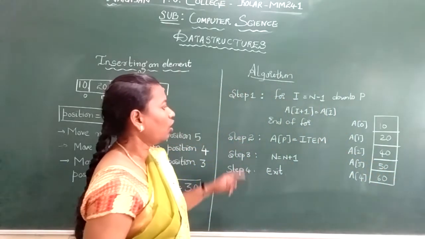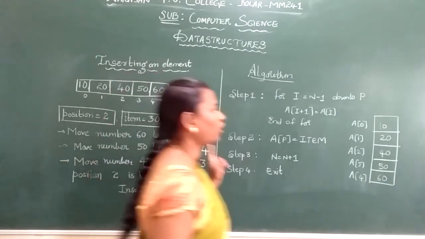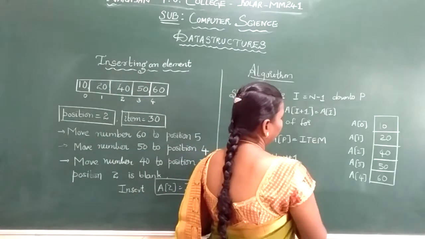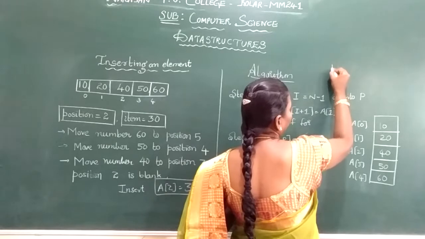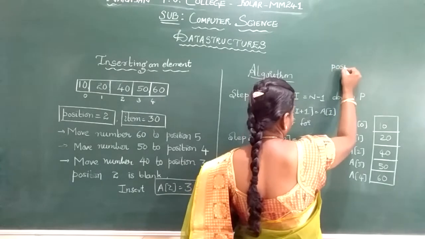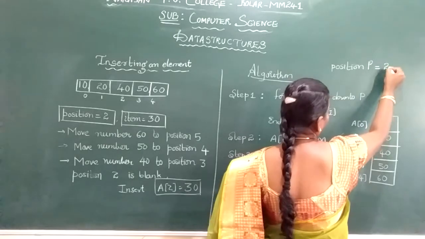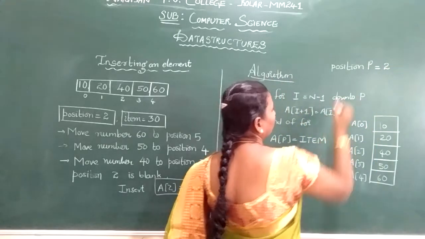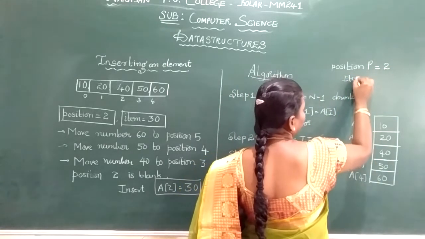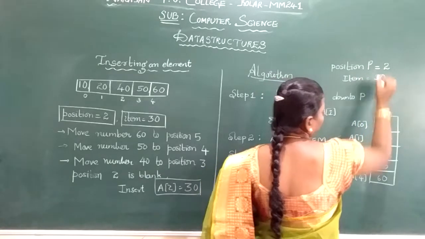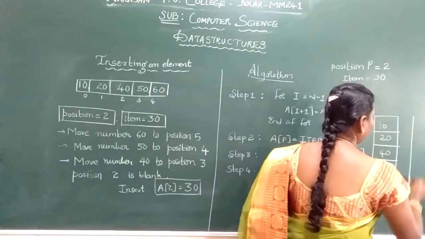Now, according to the algorithm, I add the item at the given position. Imagine I have taken my position as p. P is equal to 2. What element should I add? My item, I will take it as 30. Let me see how we are going to add.